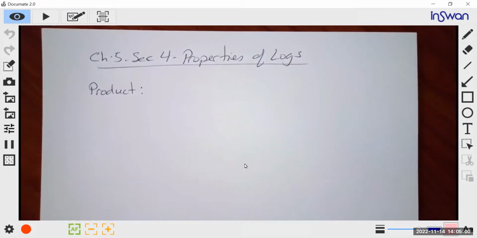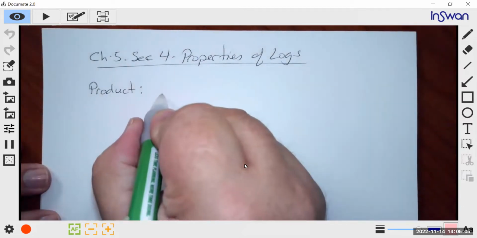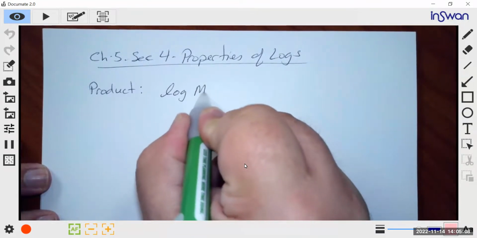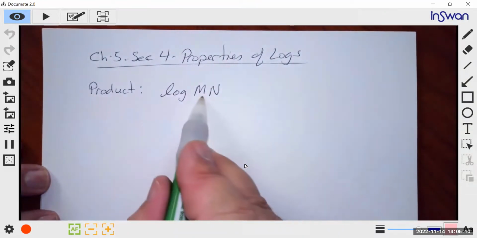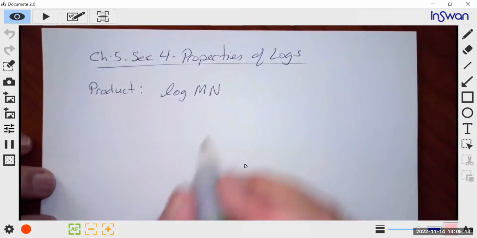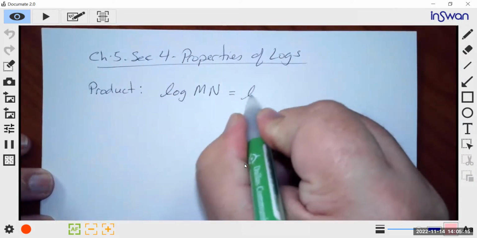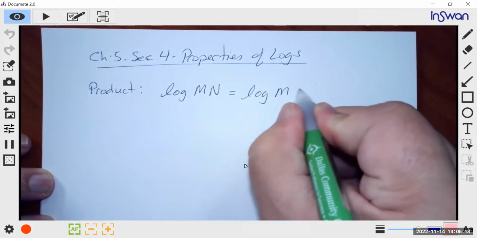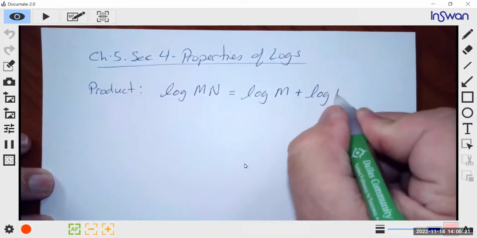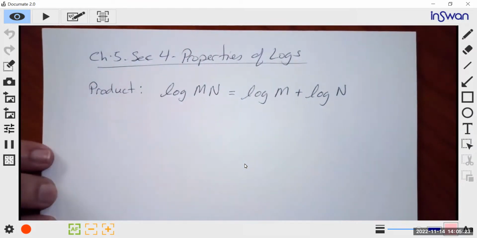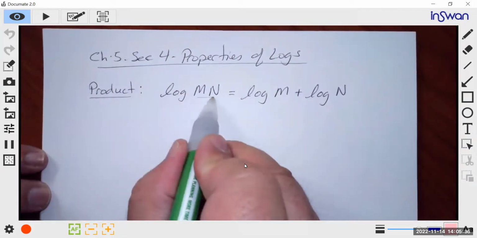For ease of writing, I'm going to make everything just log, log base 10, but it works on all logs. If I have a log of a product of two numbers or two things, I can expand that by taking the log of each one separately and adding them together. That's the product. If I'm multiplying them, I can split them up.